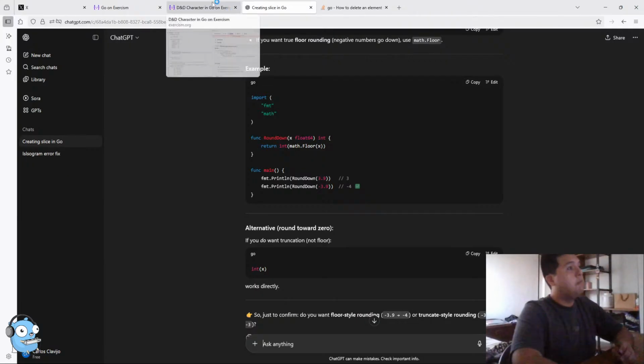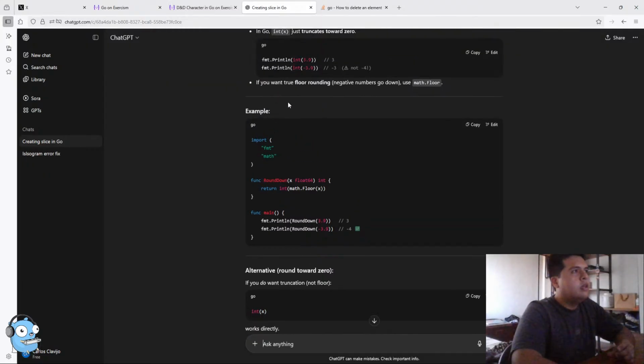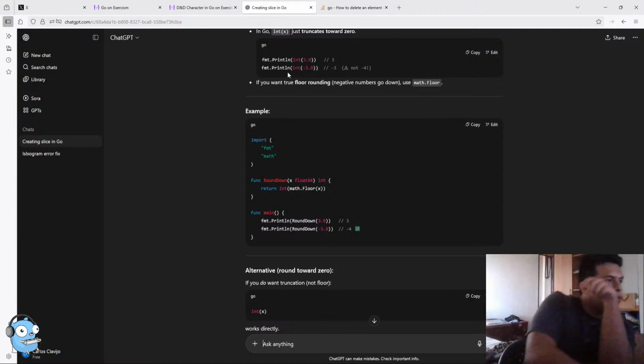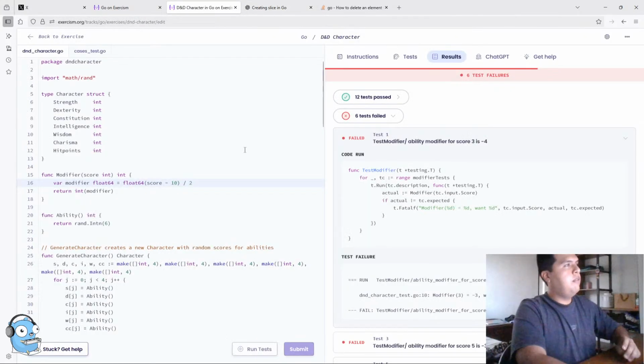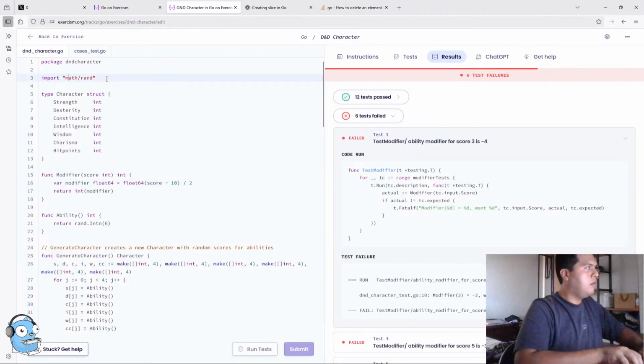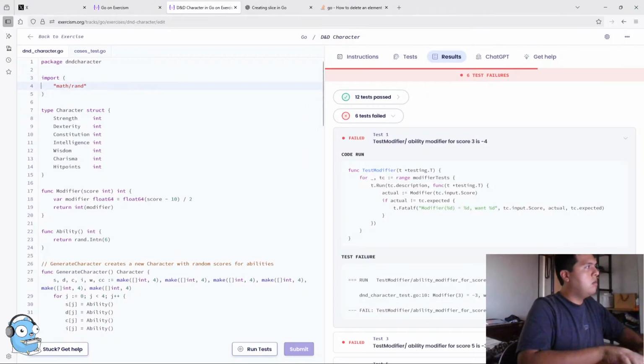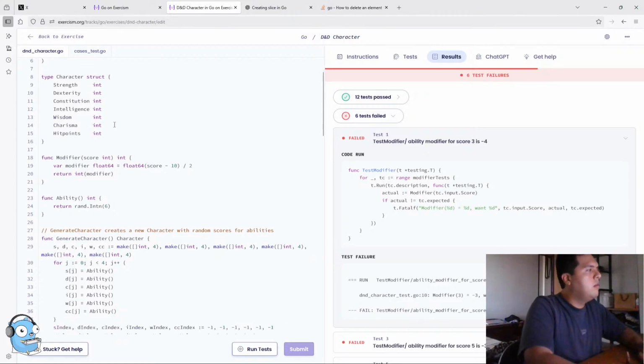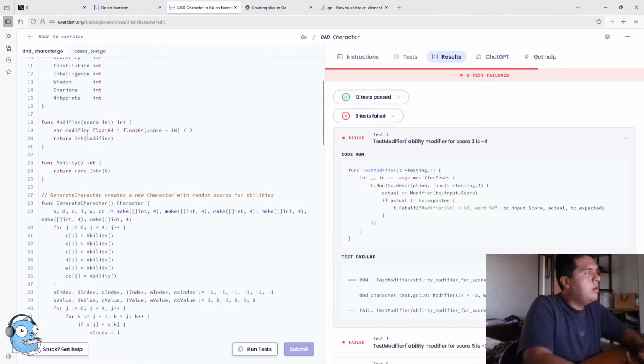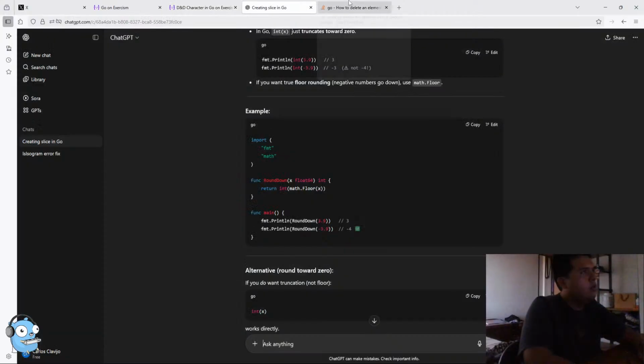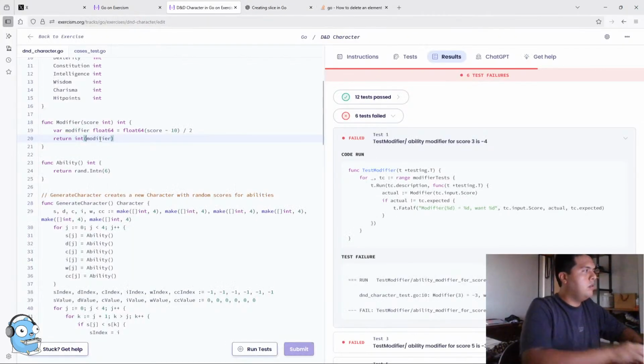Round down. Okay, math. Float rounding, float math. Okay, math.Floor. Math.Floor, math.Floor modifier.